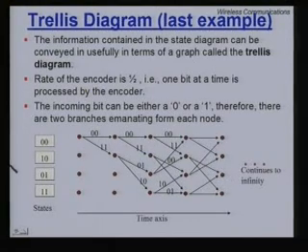So, what is the input bit stream doing? The input bit stream is telling you which branch to choose. At every bifurcation, you have to take a decision, and the input bit stream tells you which direction to move. That means we make a very important observation. Any input bit stream corresponds to a unique path in the trellis, because the bit stream is telling me choose upper, lower, lower, upper, lower, and so on.